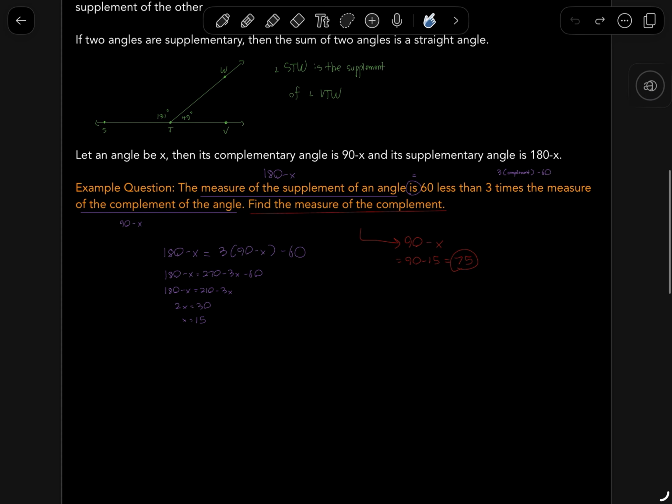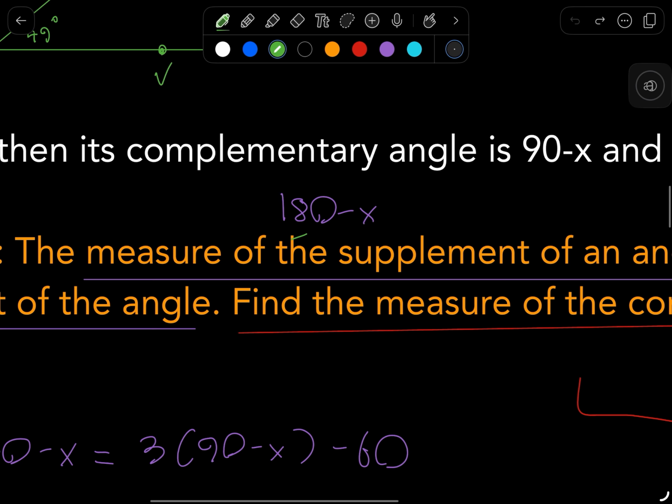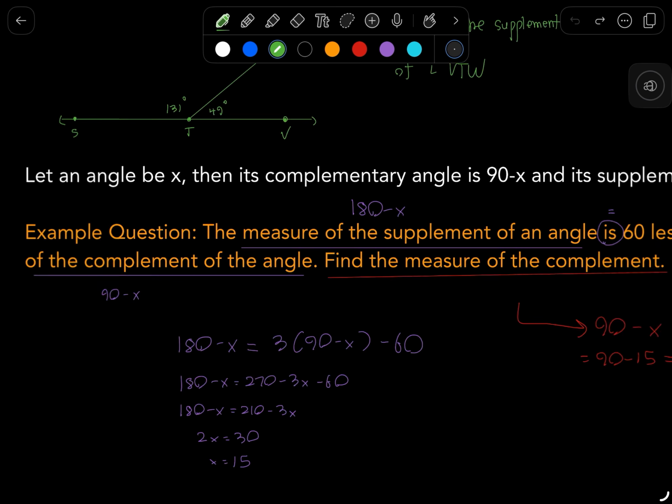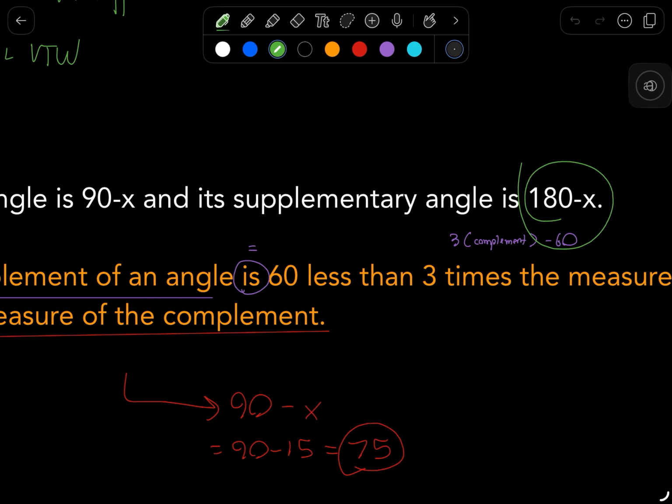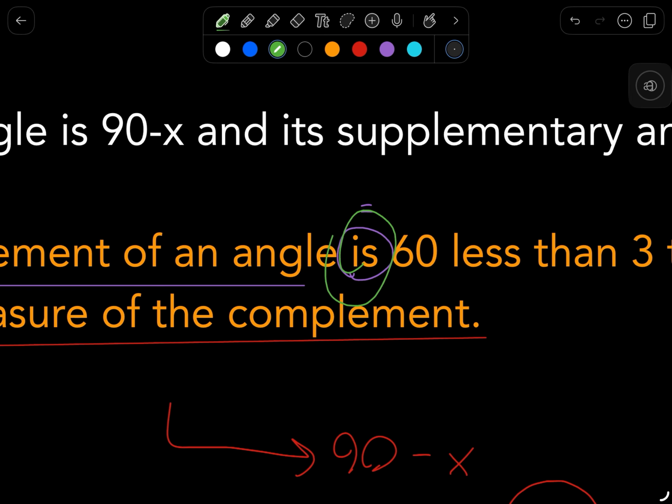For example, here you have the measure of the supplement of an angle. How do we write the supplement of an angle mathematically? That's just 180 minus x, because remember, 180 minus x is the supplement. Then "is" always just means equals.